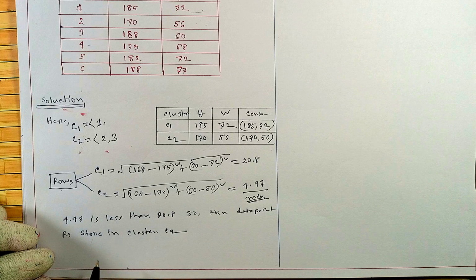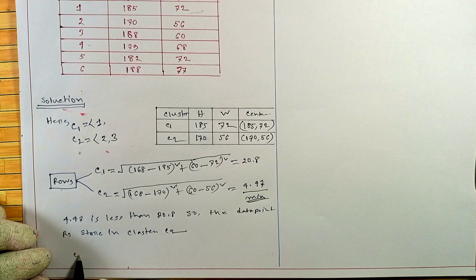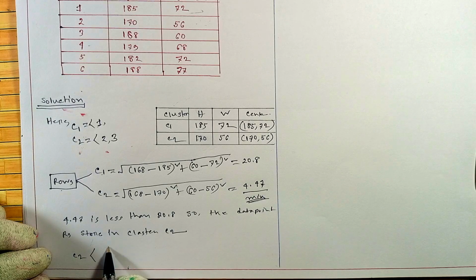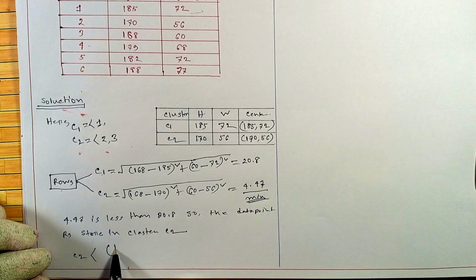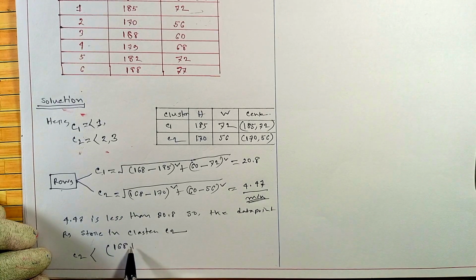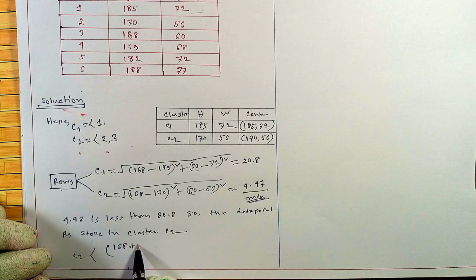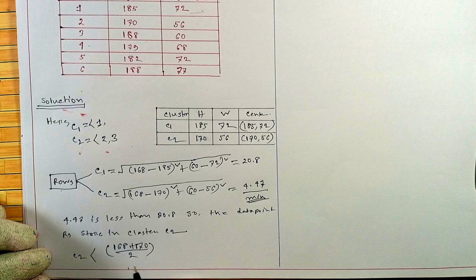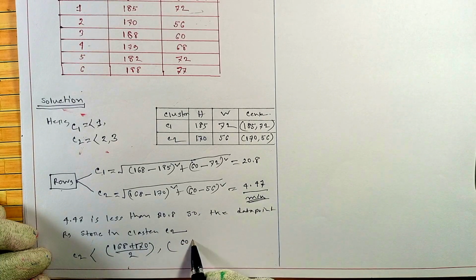So our new value for C2 will be (168 plus 170) by 2, then (60 plus 56) by 2.